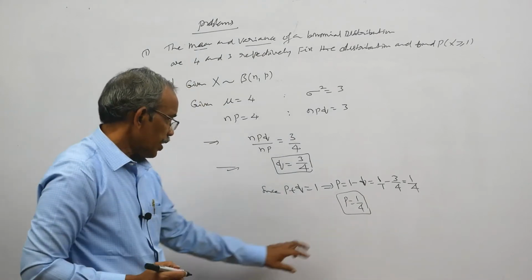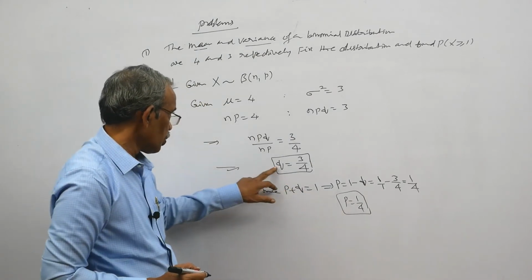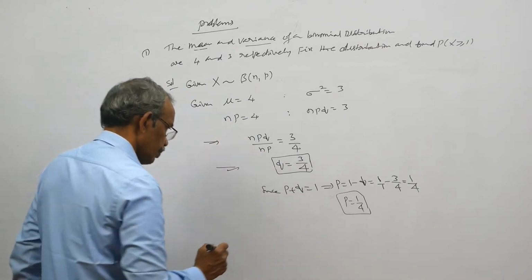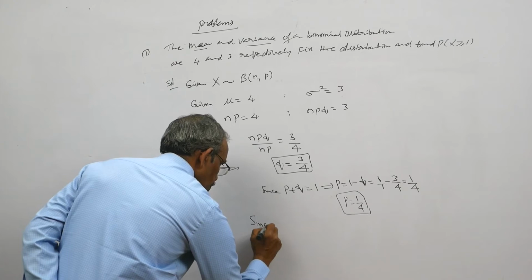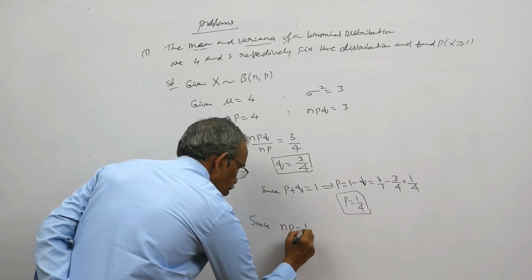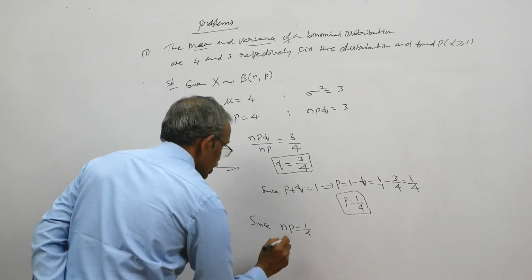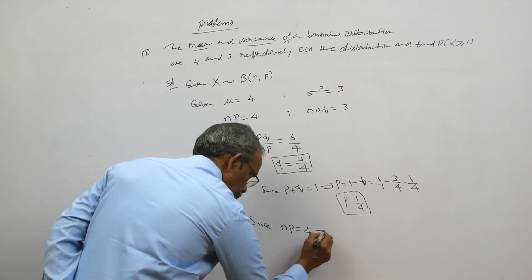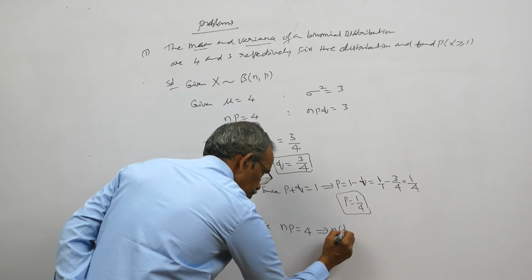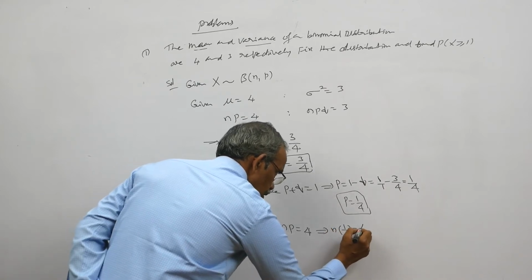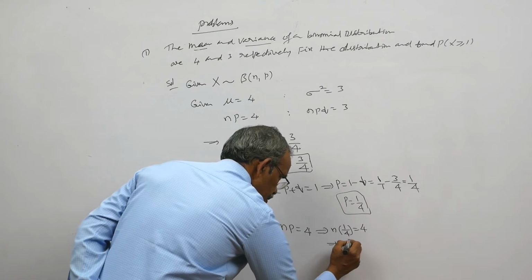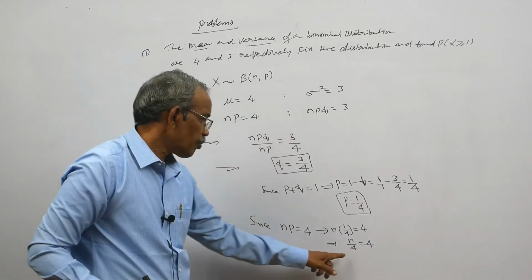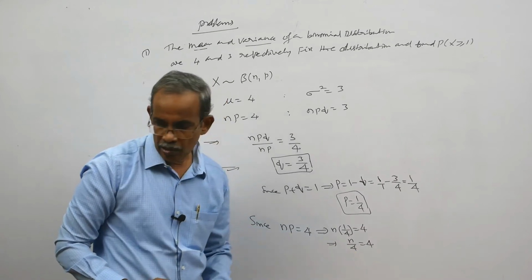After finding the values of p and q, we substitute p is equal to 1 by 4 to get n. Since np is equal to 4, that implies n into 1 by 4 is equal to 4. That implies n by 4 is equal to 4, so n is equal to 16.